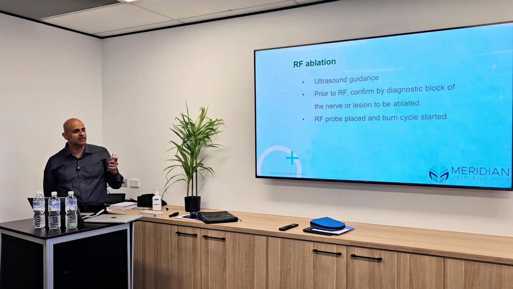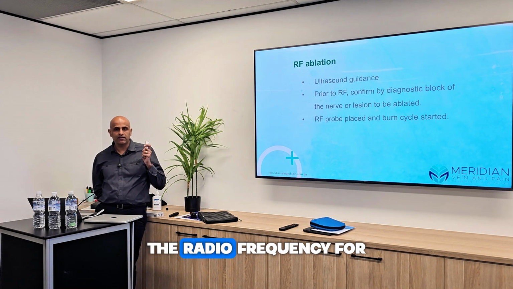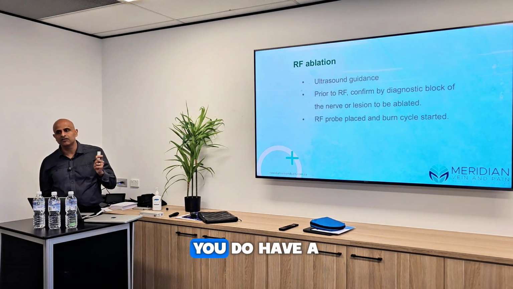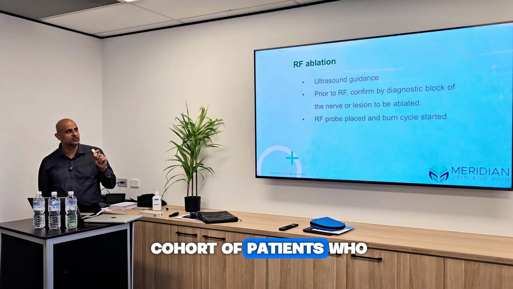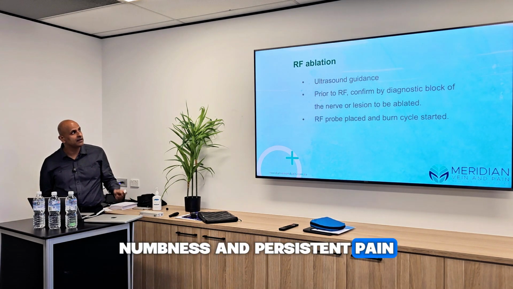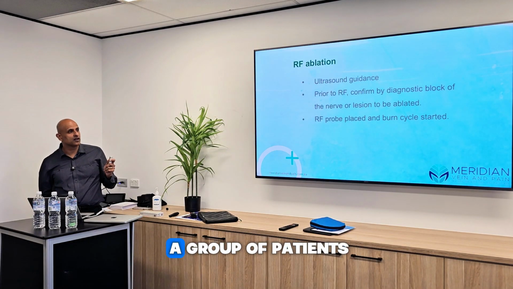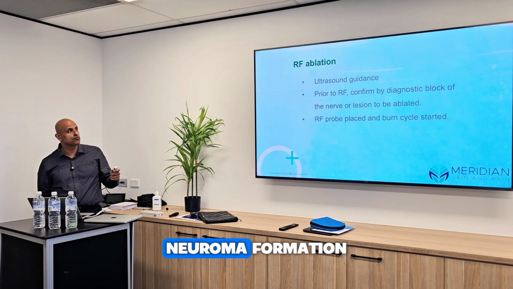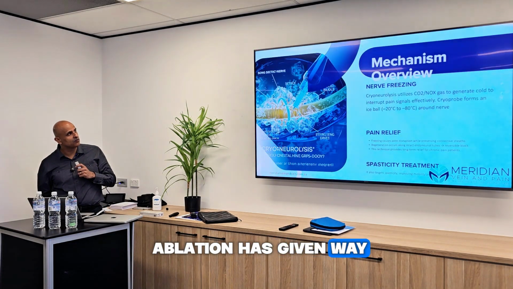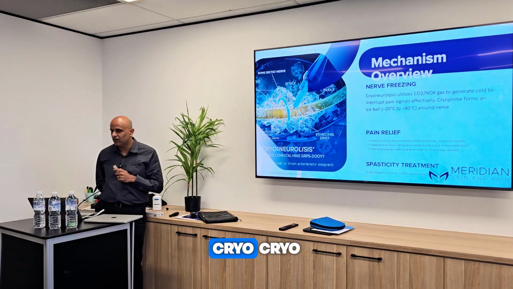The radiofrequency for some is really effective, but at the end of it, you do have a cohort of patients who get uncomfortable numbness and persistent pain, but there's also a group of patients who get repeat neuroma formation. So RF ablation has given way to cryo.